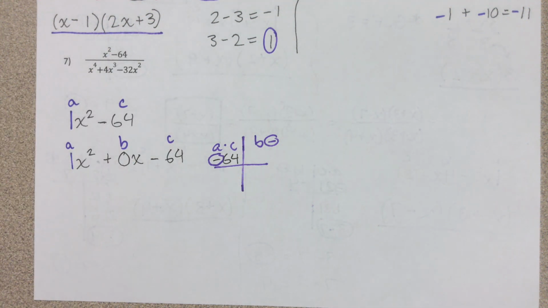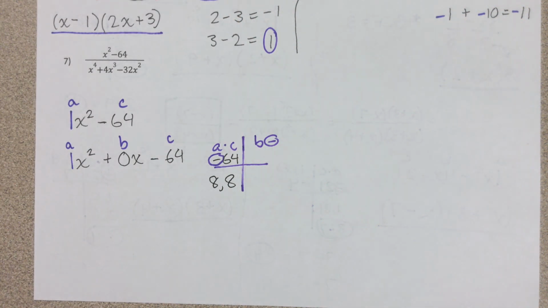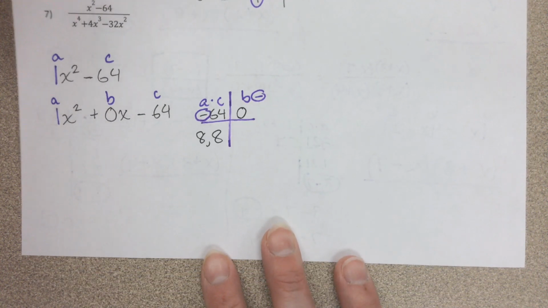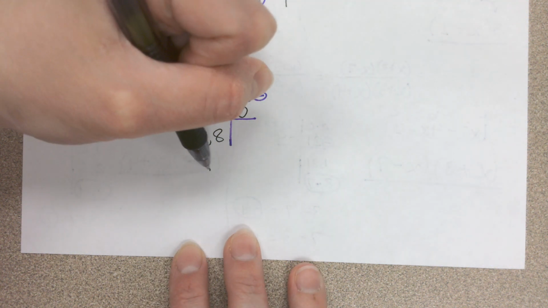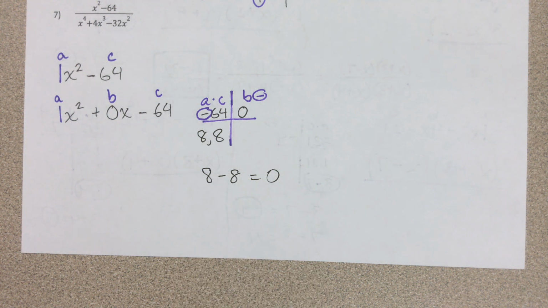I'm not going to write out all the factors for 64 because that'd be a bit painful. So could someone give me the correct two numbers? Just the numbers, don't give me the signs yet. 8 and 8. 8 times 8 is 64. And I didn't even fill in the 0 yet. Hang on. B is 0. That would have helped to know. We're trying to get 0. And then 8 minus 8 is 0.